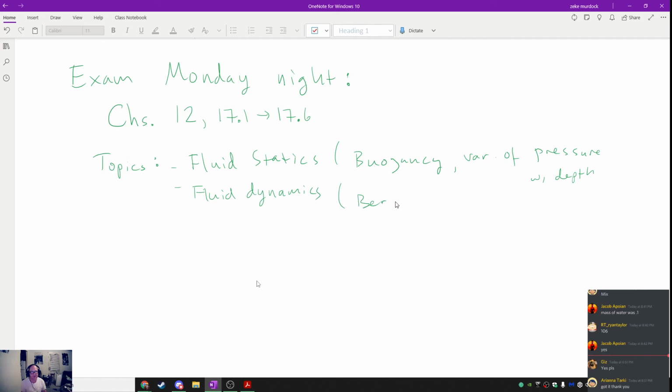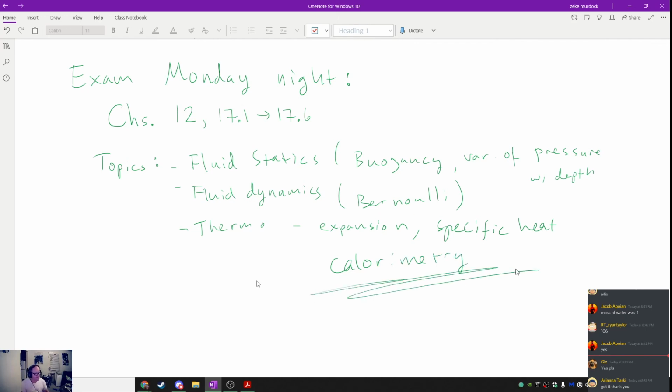We'll just put Bernoulli right here. It's mostly just Bernoulli. And then thermo stuff, which is going to be expansion, specific heat, calorimetry. It's not much. You really don't have to study much for this test. It's really not that much.